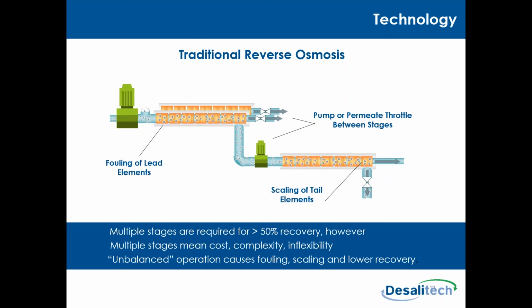If you go to 3 stages, then you're talking 4 vessels down to 2, down to 1. It adds complexity the more stages you add, and with that complexity, the system becomes less flexible toward changes in water temperature, composition, etc. If you lose control of the system, if it becomes unbalanced, you increase the risk of fouling or scaling, or you just plain lose recovery.